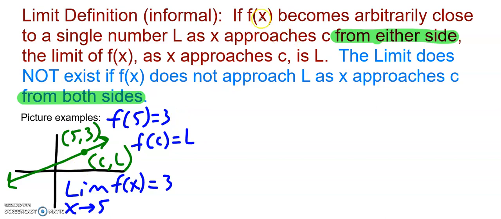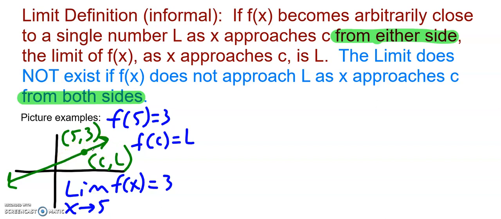So this is saying x is going to 5. So 5 is the c value, right? So as x approaches c, so as x gets close to 5 from either side, so that means I have to be able to go from the left side here and from the right side. So both sides going towards 5, x value of 5, but on the function.